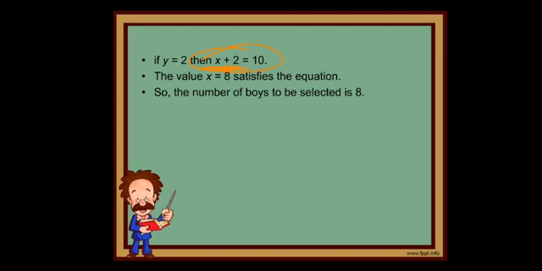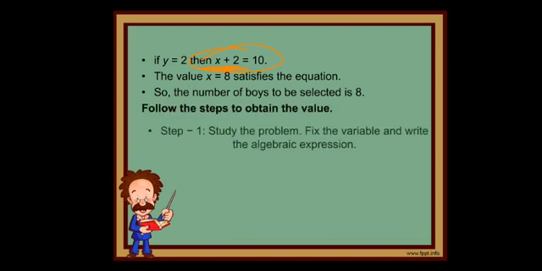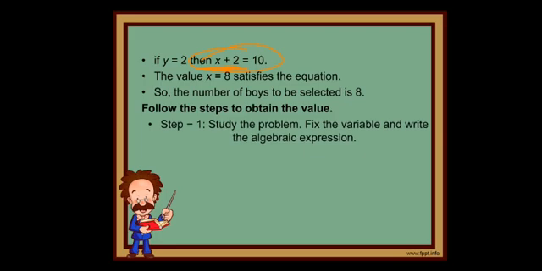So while obtaining the value of an algebraic expression, we need to follow these steps. So what is step 1? We have to read the question, study the problem, fix the variable and write the algebraic expression.